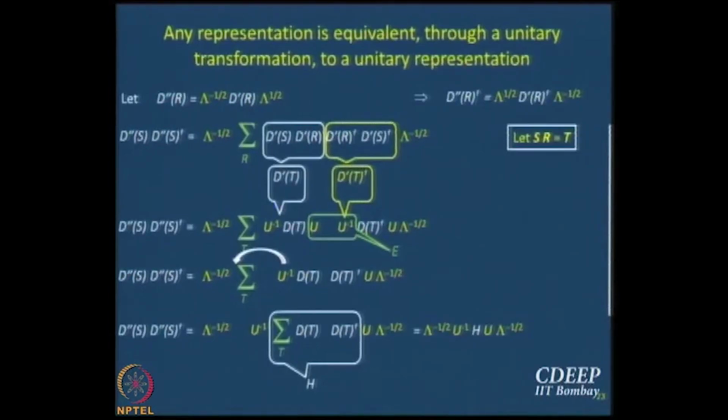Lambda to the power minus half U inverse H U lambda to the power minus half. What is lambda to the power minus half times lambda to the power minus half? E. So D double prime S is unitary, because D double prime S multiplied by its own adjoint gives you E, right?